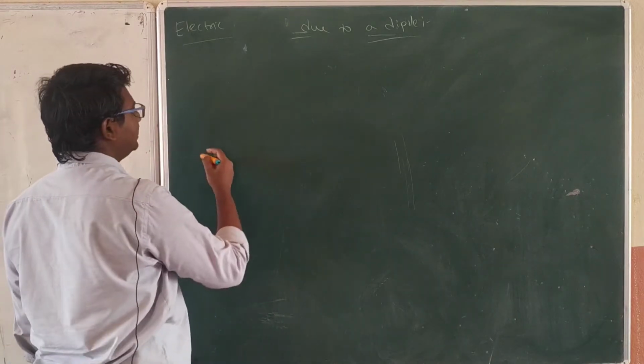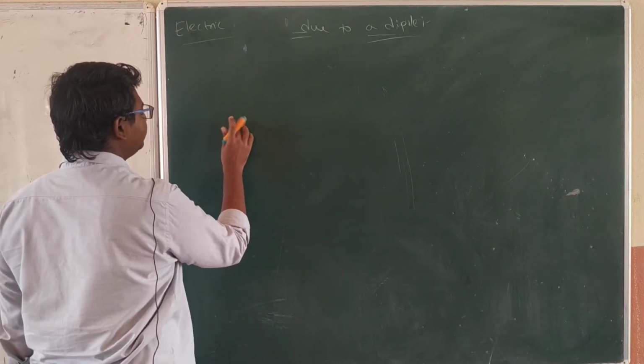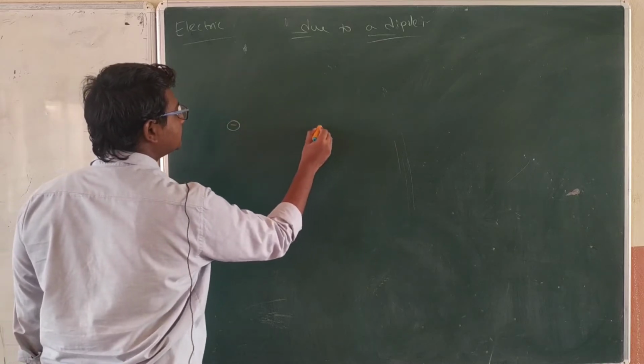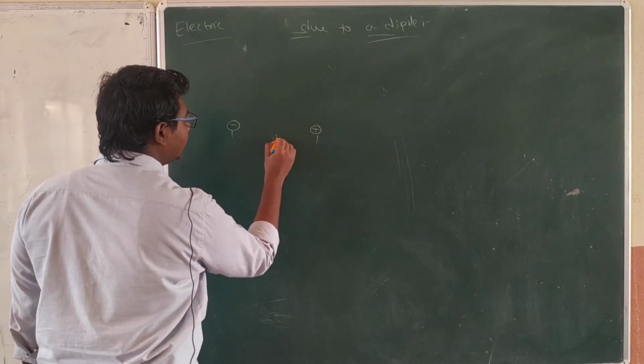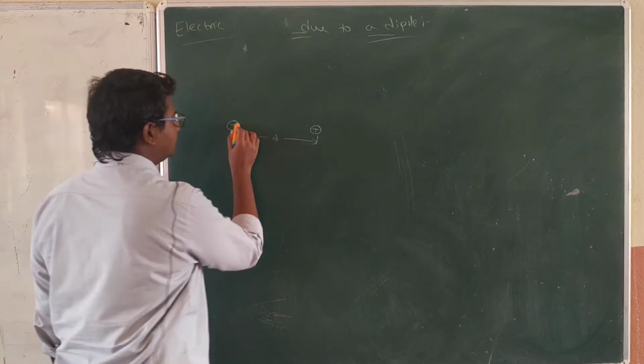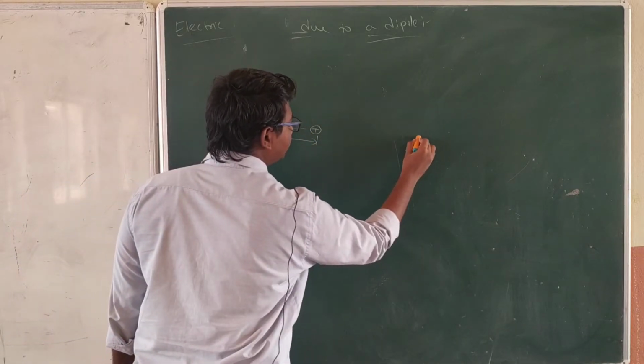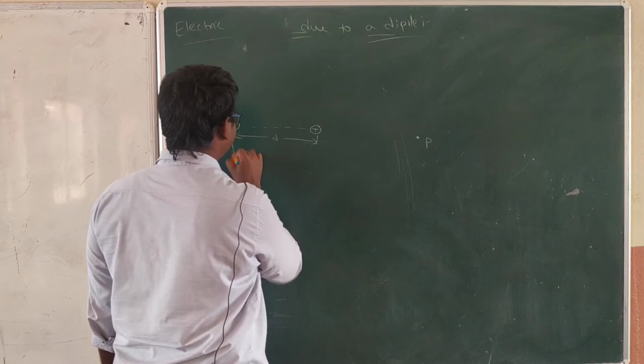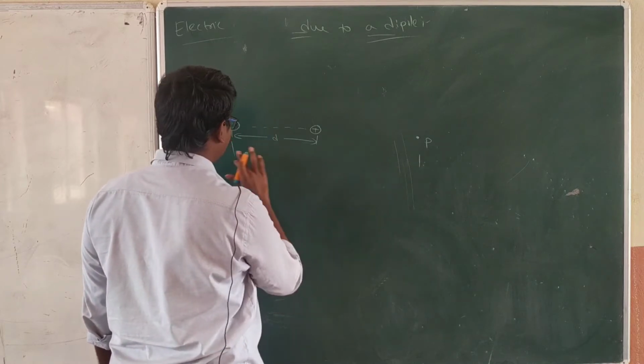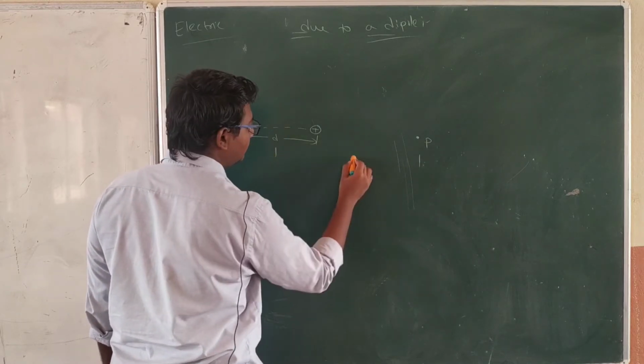See, for the axial line, if the dipole is like this, plus and minus, and the distance between them is d. Here I am considering the point P, which is at a distance small r from the center of the dipole.